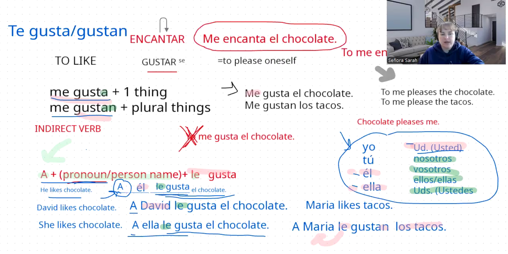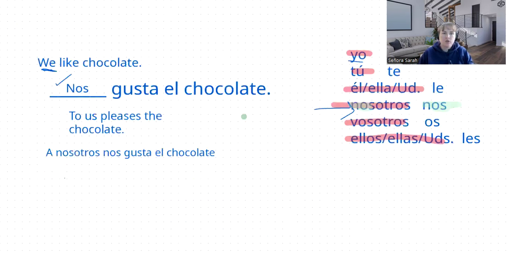If you want to put a person's name, same thing. You just swap out the name. A David le gusta or a Maria le gusta or le gustan. And it really is the same, the more complex. All we're doing is going down this list. Same situation: a nosotros nos gusta or nos gusta. You can follow the same pattern for the rest of these.